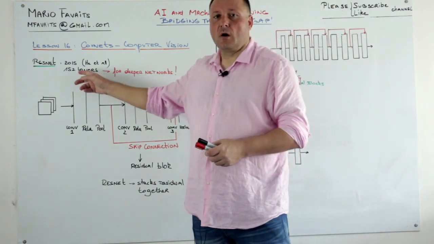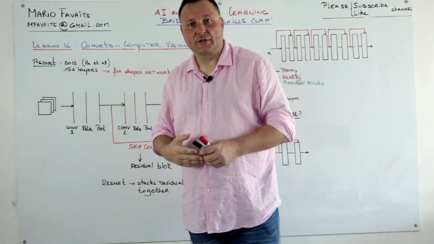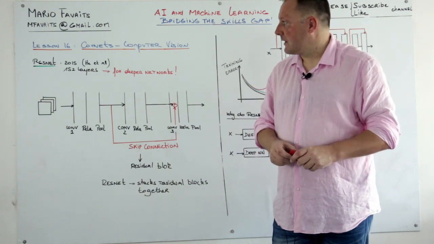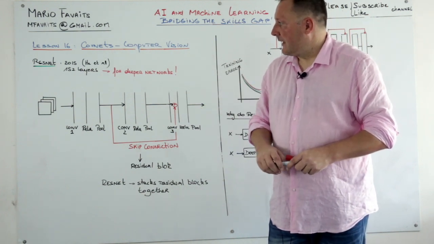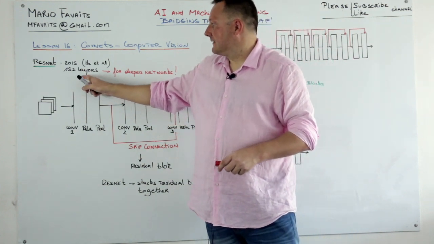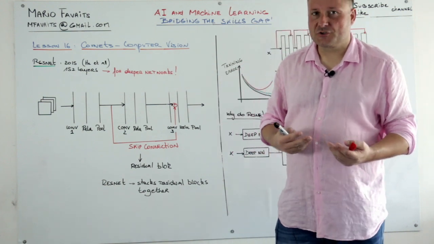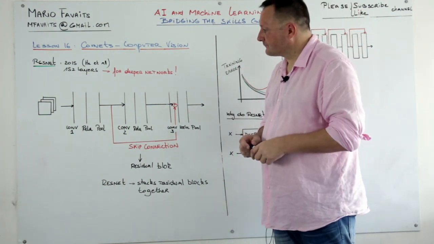It basically won the ImageNet competition and was a mile ahead of everybody else. Quite a performance here. And they showed that going deep was not a real issue here, and we will shortly explain why that is.